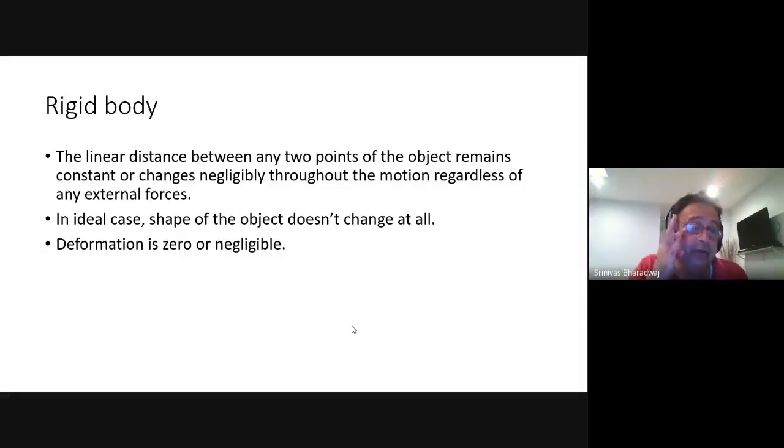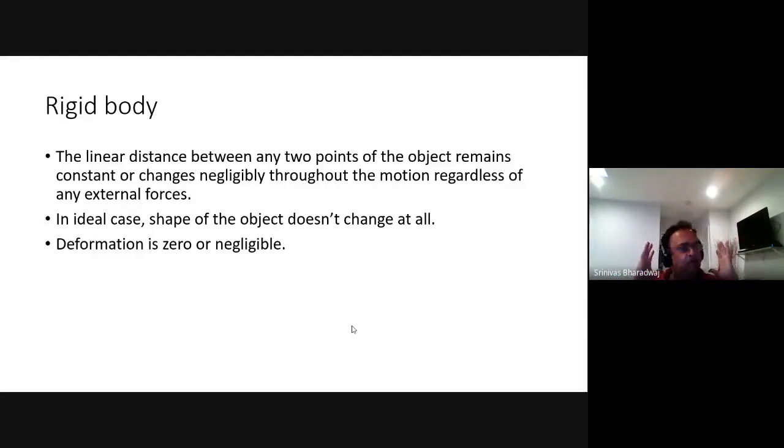Now, rigid body: the linear distance between any two points of the object remains constant or changes negligibly through the motion regardless of any external forces. So notice this definition of a rigid body.